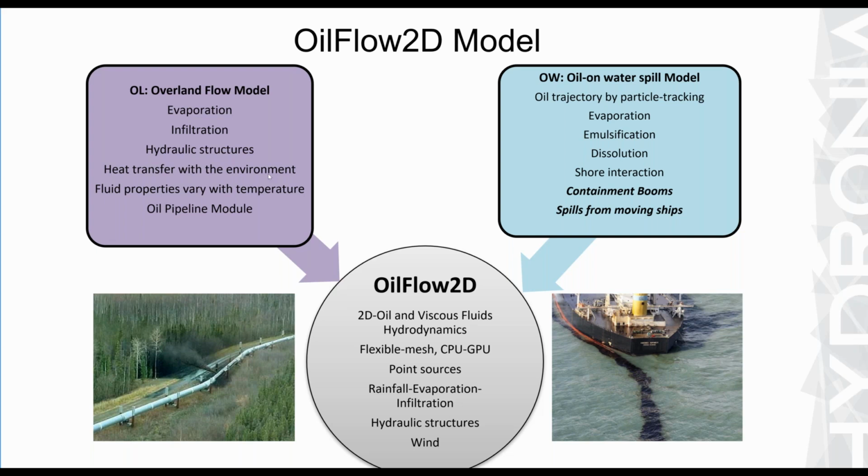This is important because that effect can generate variations in the properties of the oil, such as density and viscosity, and in turn that can affect how far the oil will travel from the original spill location. So for certain oils, this is very important, particularly those that have a high pour point.